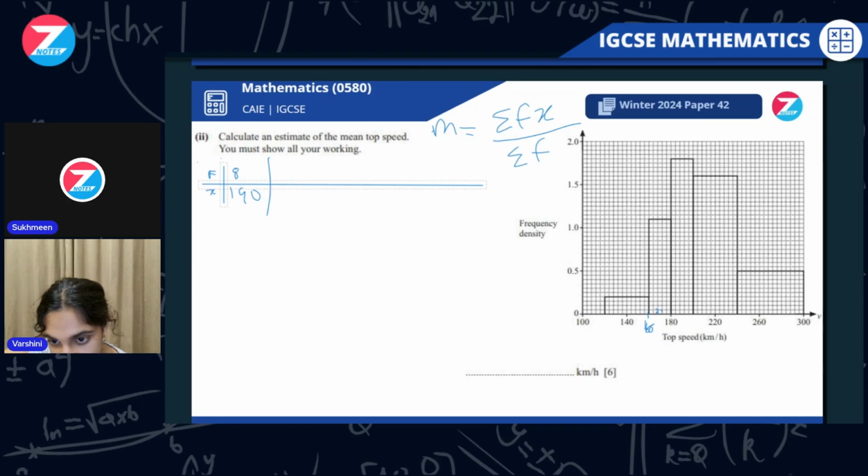So we know this much is going to be 20. Let's find all of these bars' class widths. This much is the same number of bars as this, so this is also going to be 20. And that means this is going to be 200. We also know that this is equal to this, so again it will be plus 20, which is 240.